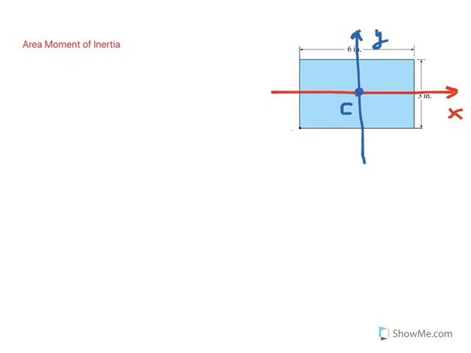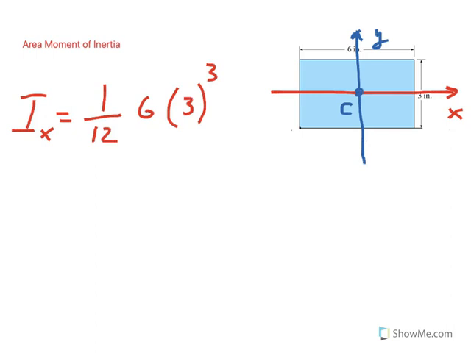Based on the formula for the moment of inertia of a rectangle with respect to the axis that passes through its centroid, we call this I sub x, and that's equal to 1/12 of its width, in other words the side that is parallel to the x-axis, that would be 6, times its height, which is perpendicular to the red axis, so that would be 3 cubed.